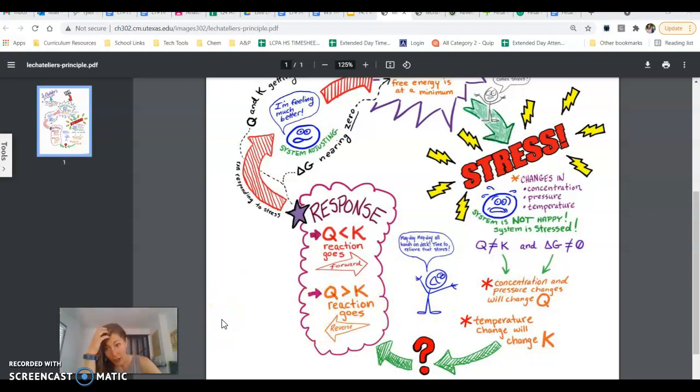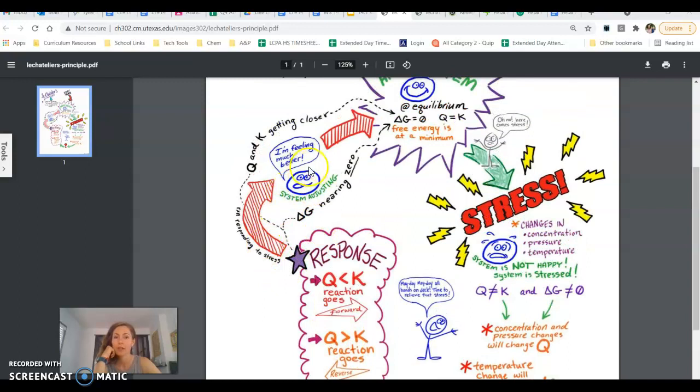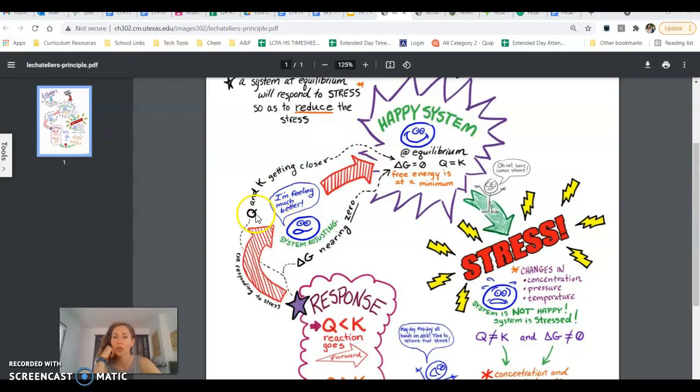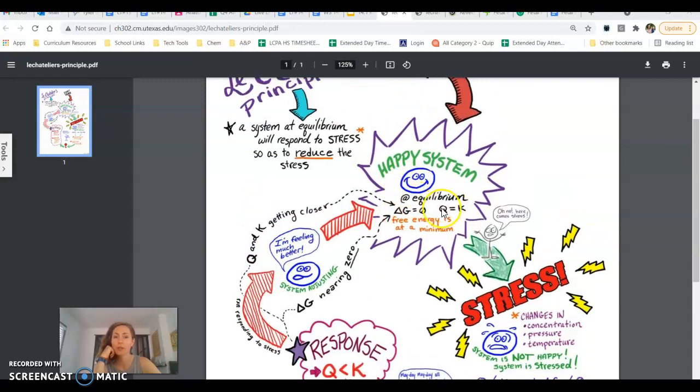So again, that Q versus K relationship is still present. If I increase temperature, change concentration, or change pressure, my reaction is going to respond accordingly. Eventually, the system will figure itself back out where Q and K are getting closer and closer, and then you'll get back to equilibrium where your Q is equal to your K value.